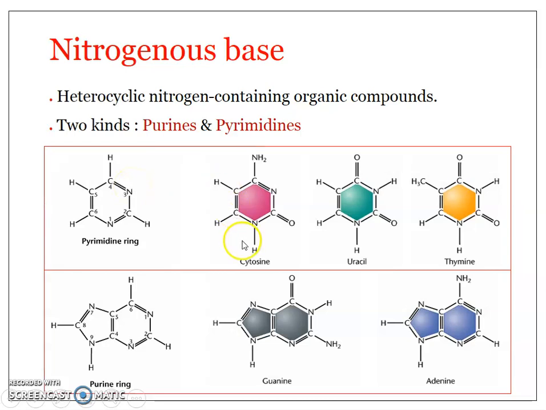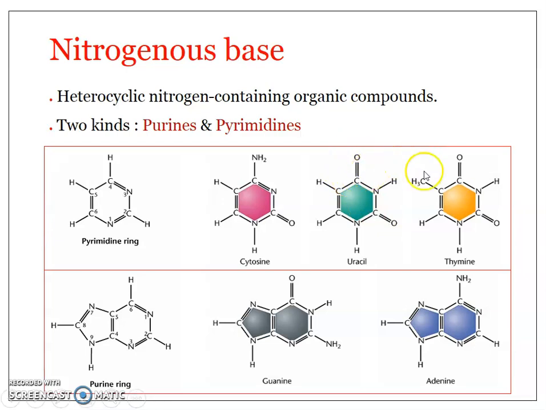You can see here, in the case of cytosine, it has a double bond O at the second position, and an amine attached to the fourth position or the fourth carbon. That is how it is modified. Okay, and what about uracil? It is C double bond O at the second position, and C double bond O at the fourth position as well.